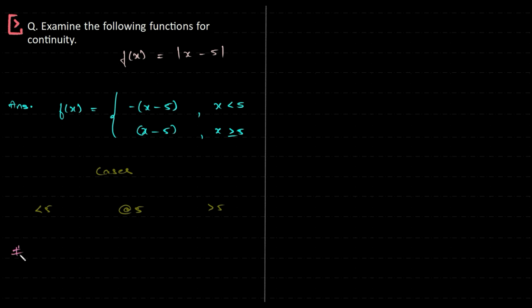So we'll talk about case 1. Let C be less than 5 and C belong to R. Now, we have the limit f of x as x tends towards C. Since it's a polynomial expression, we can take it in general.